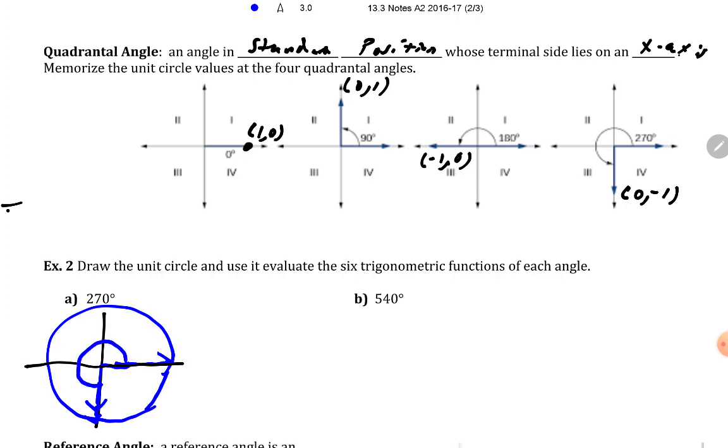So 270 is like this. So sine of theta, at (0, -1), would be your y value, which is negative 1. Cosine would be your x value, which would be 0. Tangent would be sine over cosine, which is undefined, because that would be negative 1 over 0, cannot divide by 0.